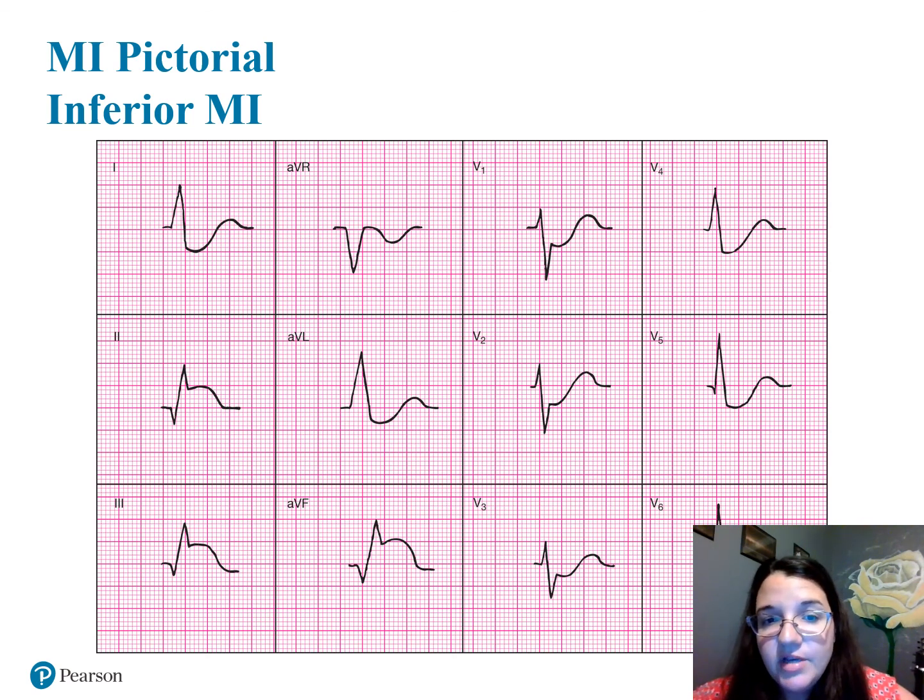Concave looks like a U. So look at AVL. You notice I am opposite of lead 1, and I have a concave ST depression. AVF, I have elevation convex. V1, V2, V3, V4, and V5, and I can't see V6, but I have depression there.